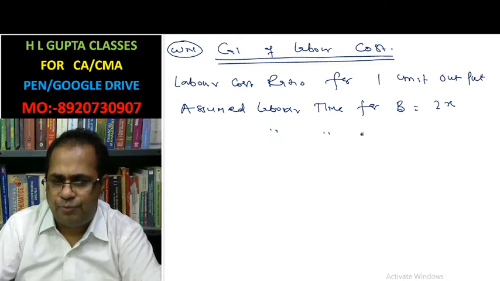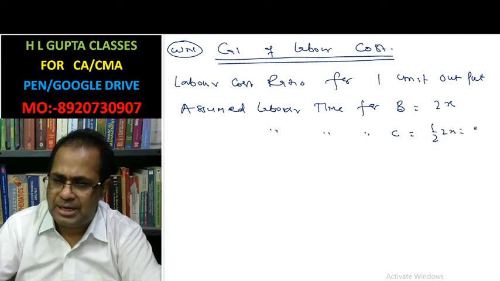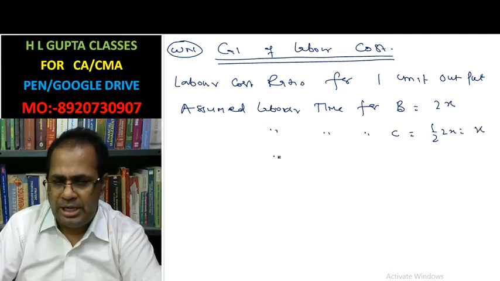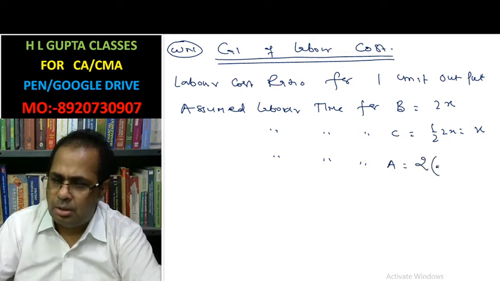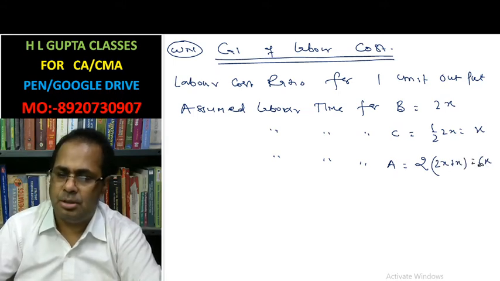Labor time for C, half of 2x, is equal to x. Labor time for A, double, that is 2x plus x, addition of these two, that is equal to 6x.